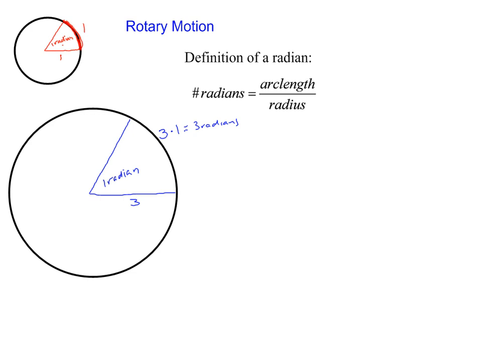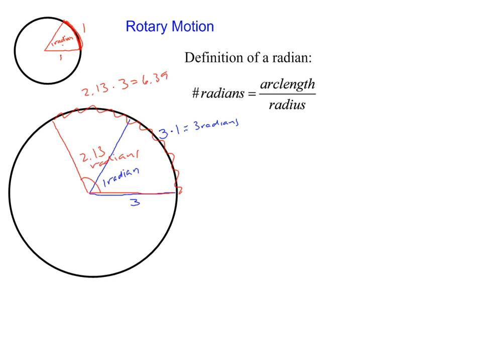If I were to measure at a different angle, on the same radius-3 circle, let's say this angle is 2.13 radians, then the arc associated with the 2.13 radians would be 2.13 times 3, which would be 6.39 units.